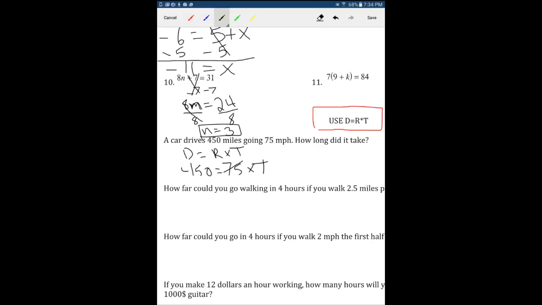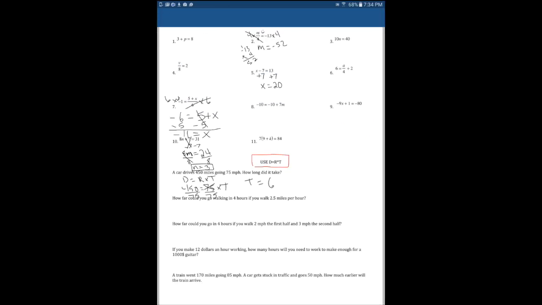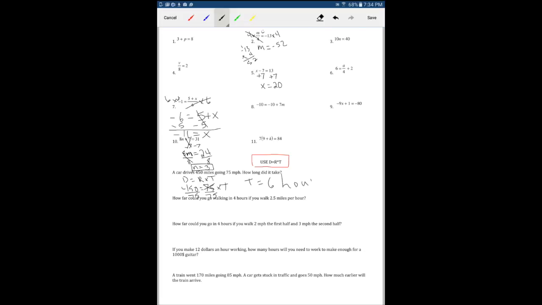I'm going to divide both sides by 75. And we'll get t equals 450 divided by 75. It's 6. Excellent. So 6 what? It's a word problem, we always got to know what it is. 6 hours.